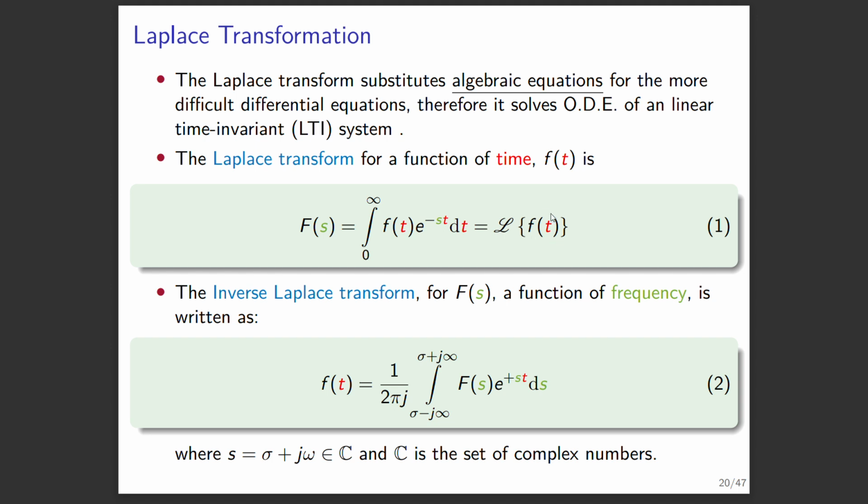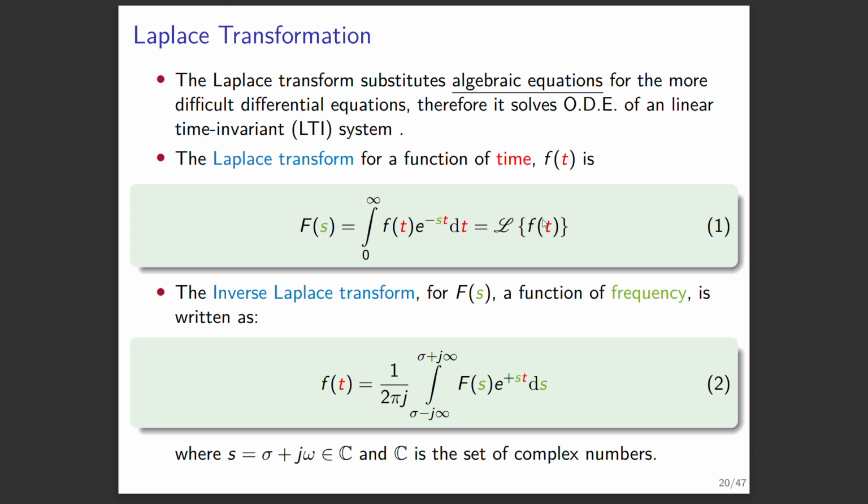So if I'm showing the input of the Laplace transformation as f, small f, the output would be capital F. If I show the input as g, a small g, the output would be shown with capital G.